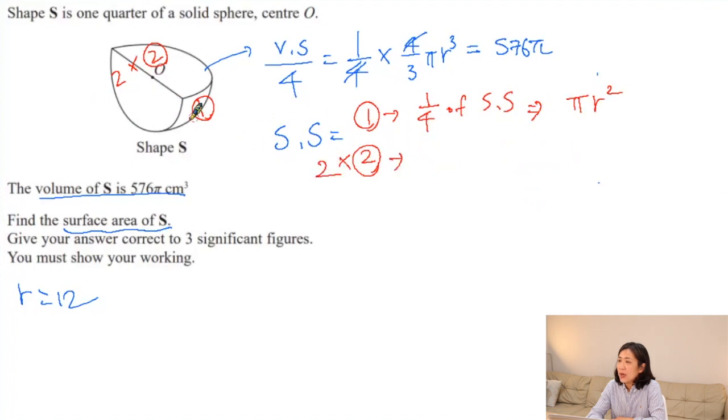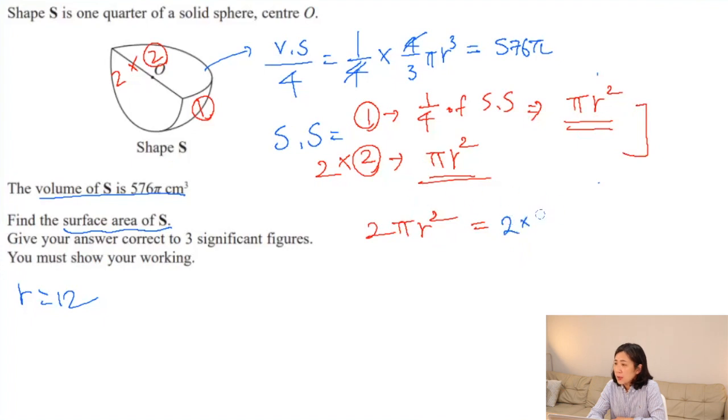So now you add them together and end up with 2 pi r squared. So all we need to do is put 12 instead of r. So 2 times 12 squared pi, then the answer will be 288 pi.